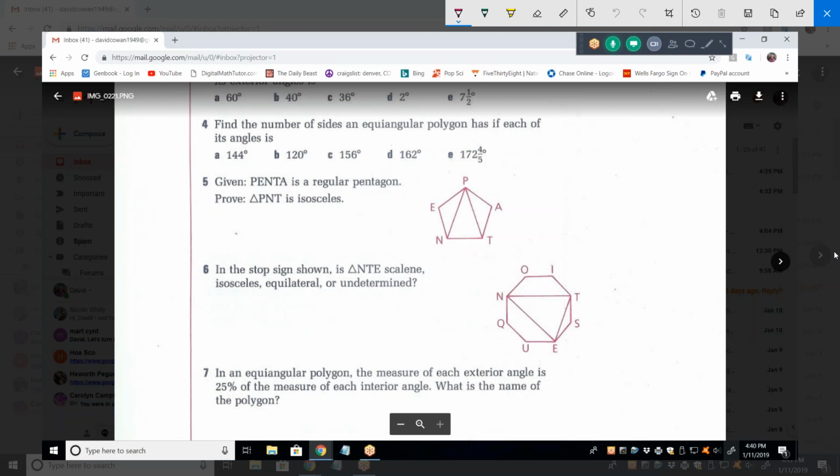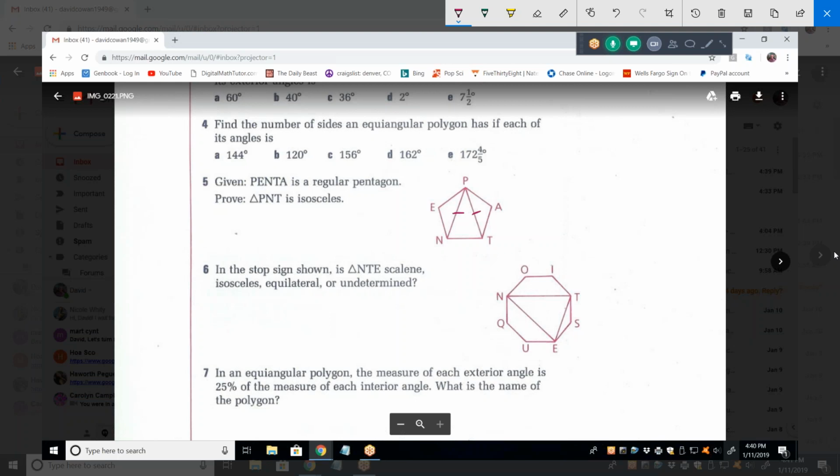Okay, so this is a regular pentagon. How do you prove that triangle PNT... we're trying to prove that that equals that. What's our strategy going to be, do you suppose?